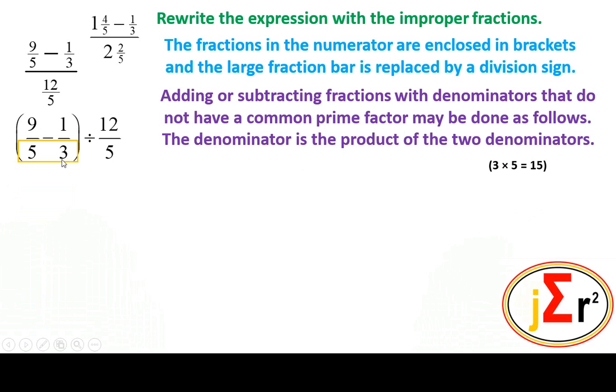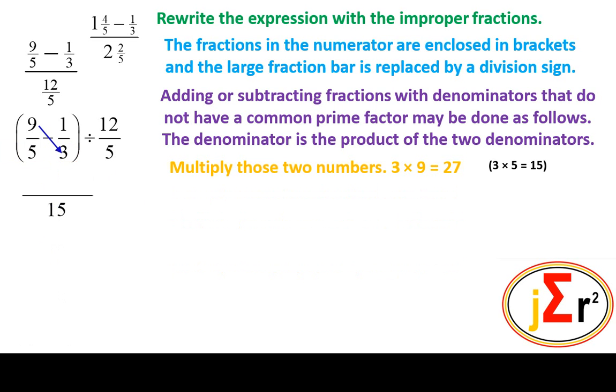It may be done for any kind of denominators, but if the denominators have common prime factors, the result is not going to be in its lowest terms. Our denominator will be the product of the two denominators. Then the next one will be the leading diagonal.